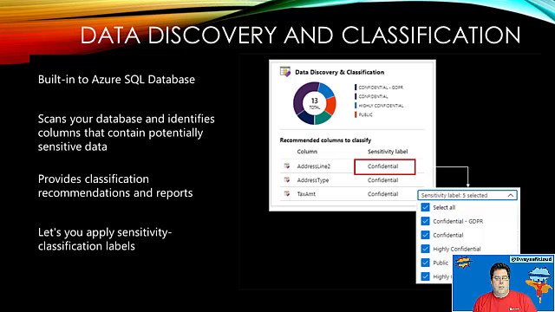So what we need to do is identify what information needs to be protected within there. And one of the features within Azure SQL Database is it is built in to recognize sensitive data and discover that data and then classify that data as whether it's confidential, whether it's PII or personal health information, things of that nature, and creates those labels within that information.